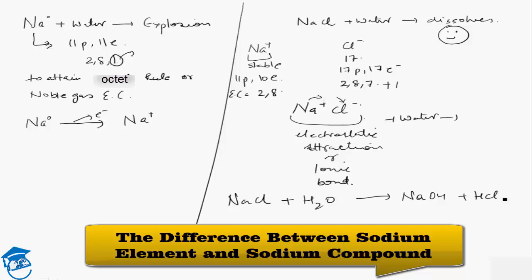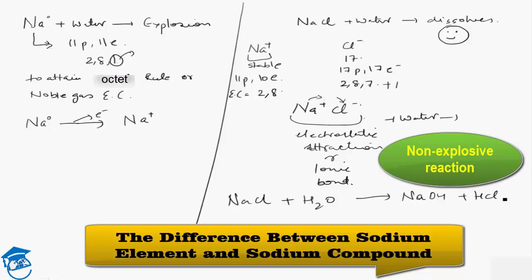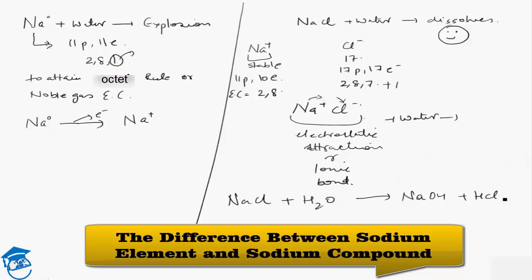So this is a non-explosive reaction, compared to the sodium element combining with water, which gives a big explosion just to reach its stable noble gas electronic configuration. So friends, now you can compare both reactions.